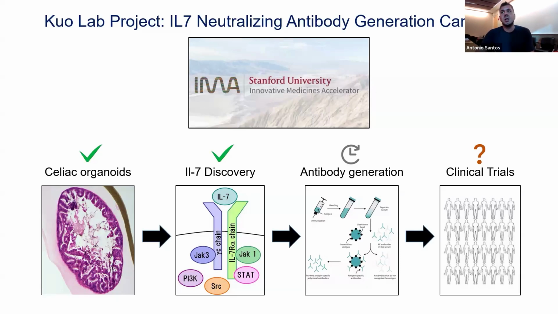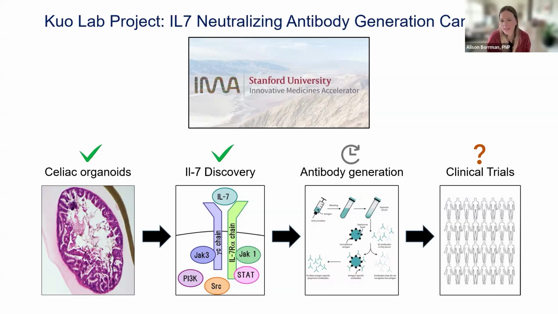But if you look at organoids that come from a non-celiac control or from a celiac patient that is not eating gluten, that is really good at following the diet, we see a lot less immune cells. So there is a big variability depending on the status of the disease.